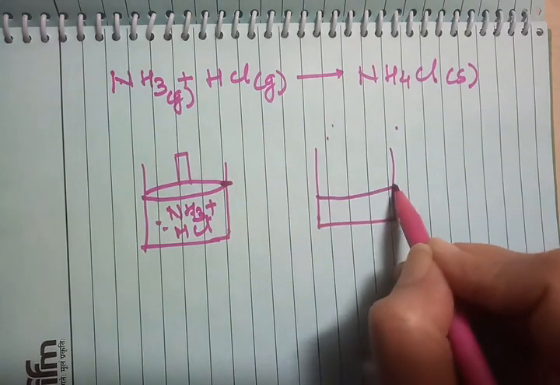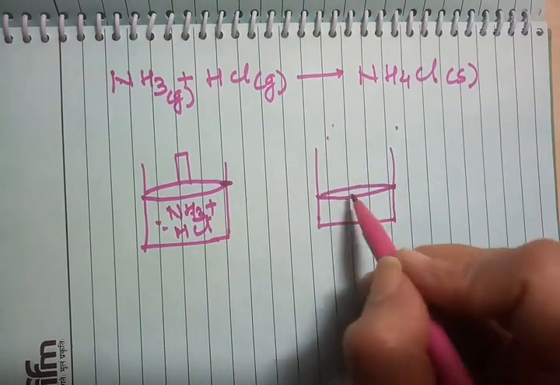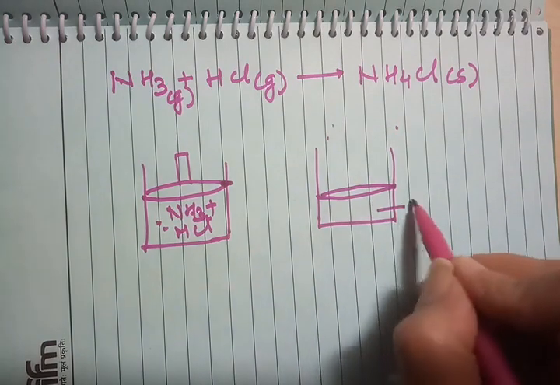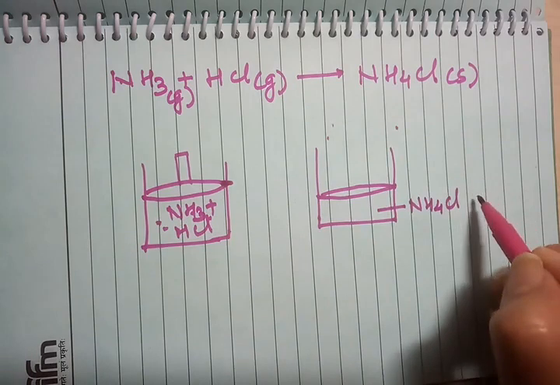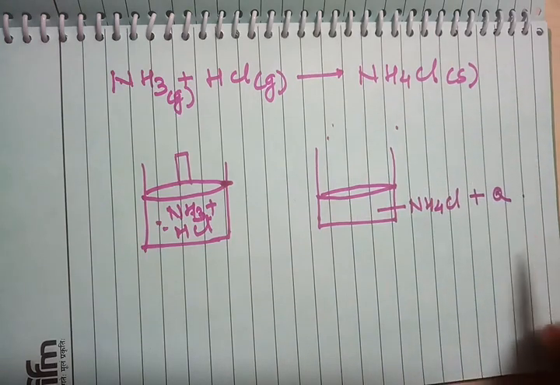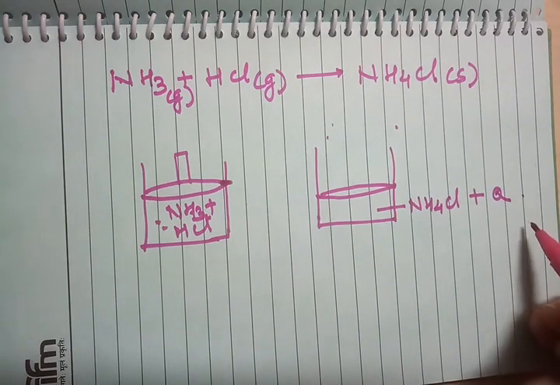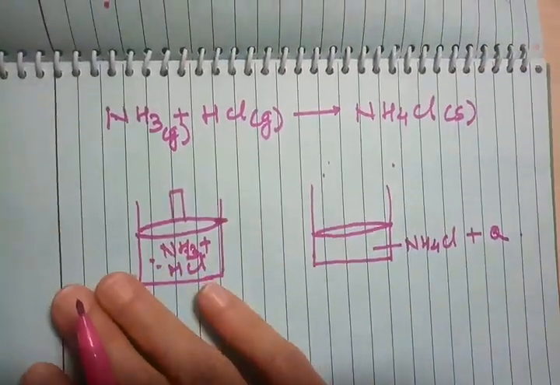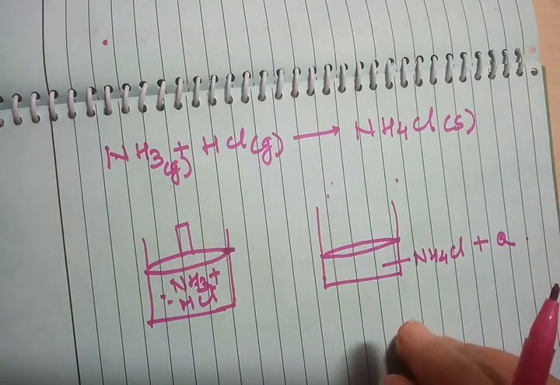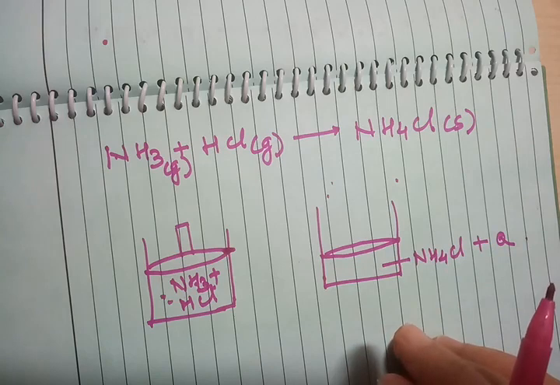It will come down to this position and there is a formation of ammonium chloride here, plus some amount of heat is evolved. So in this process, the surrounding loses energy to the system and performs work on the system. If no heat transfer occurs, work done by the surrounding is equal to gain in energy by the system.